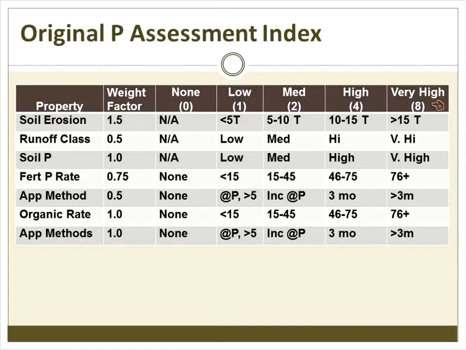And so you go through each of these properties, you assign it a rating number based on the characteristic within the rating categories, and then you multiply that number, so in this case it would be 8 times 1.5. And you go through for each property and you multiply whatever the rating is by the weighting factor, and then at the end of the day you add these up.